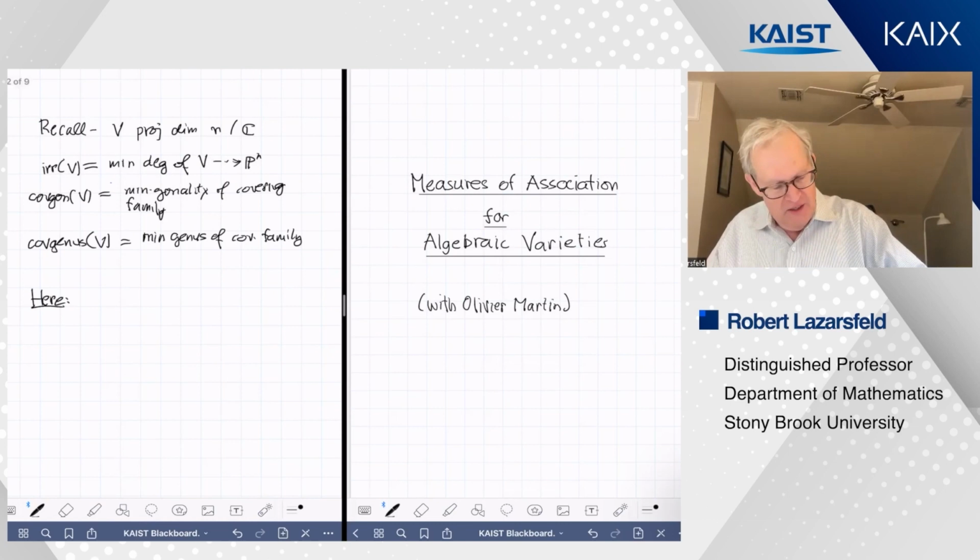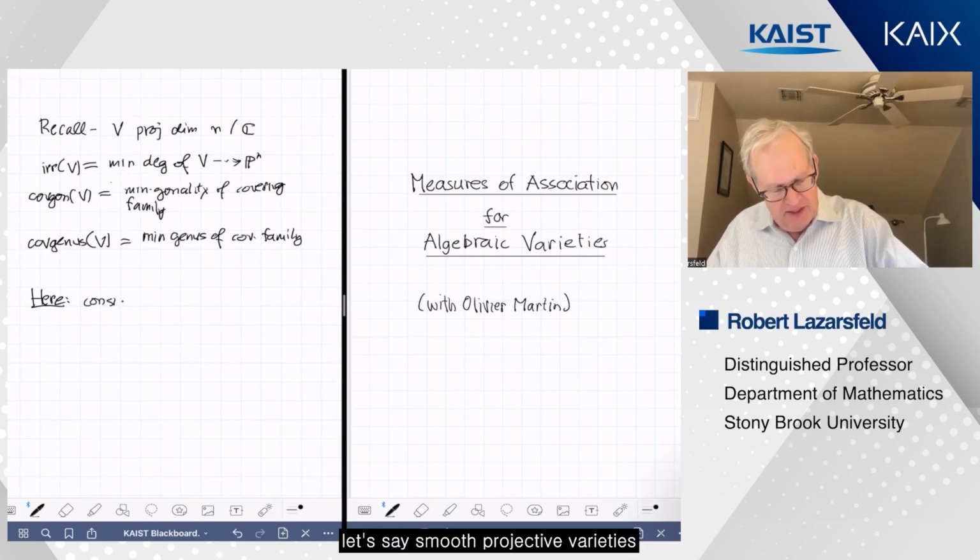Look at a different question. I want to consider smooth projective varieties of the same dimension n.